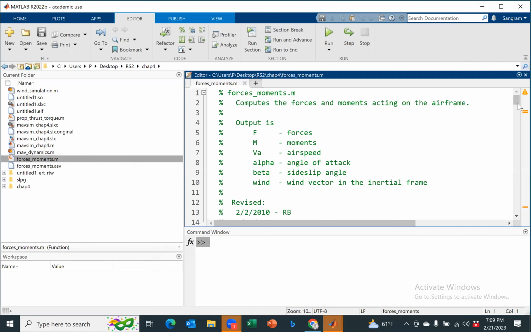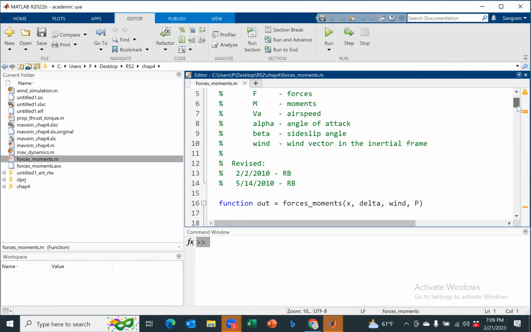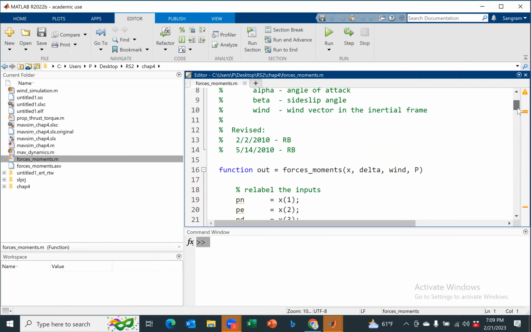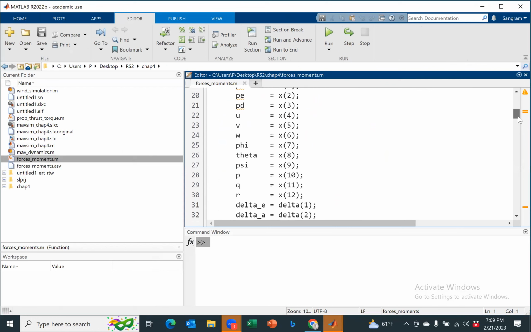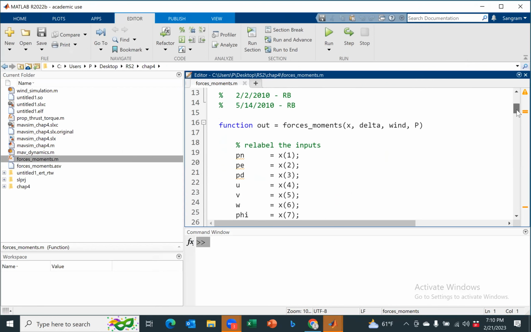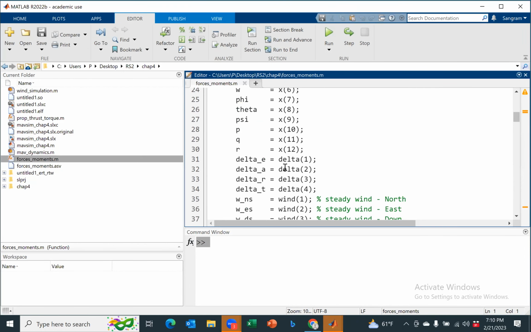So this is the function. All these comments you want to ignore. So you have forces and moments where you have X, you have delta, you have wind value, and you have P. X are the states, delta are the inputs, E is the elevator, A is the aileron, R is the rudder, and T is the throttle.